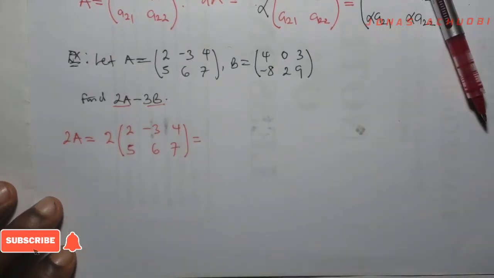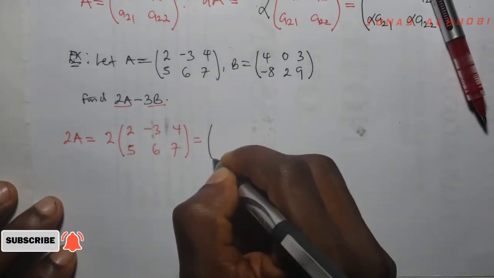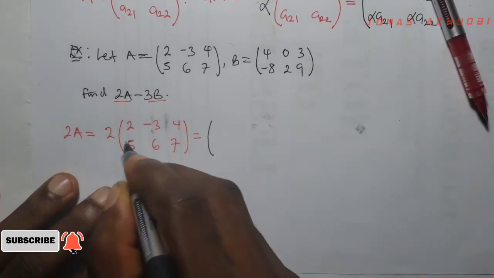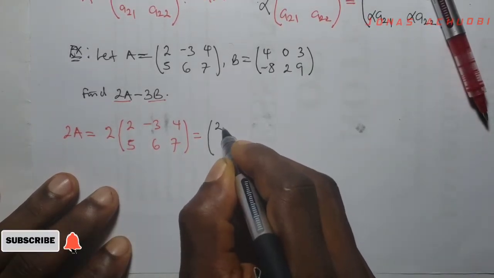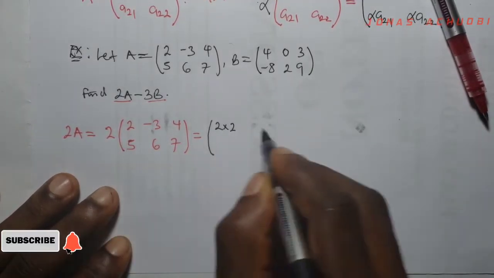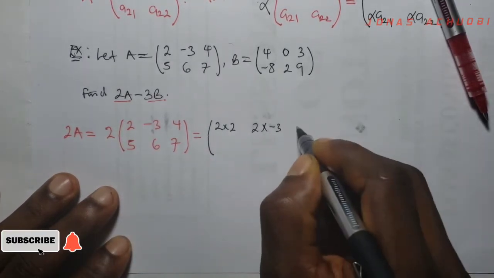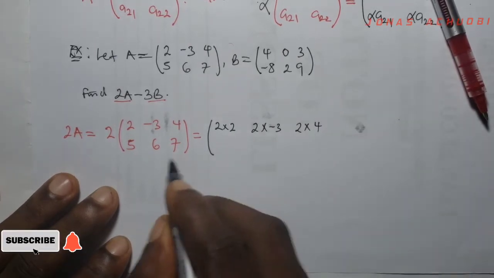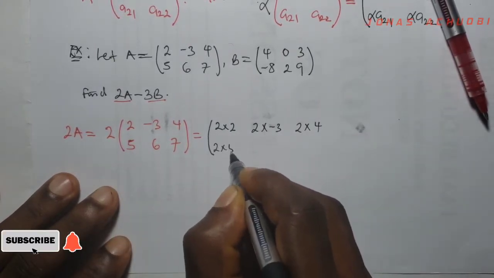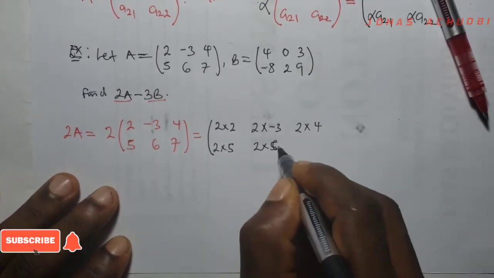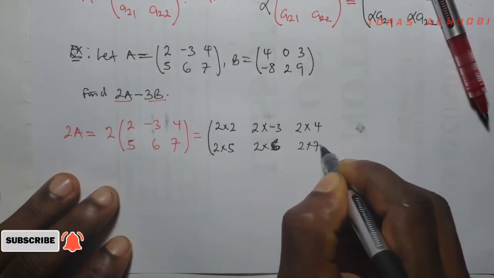So this will be 2 times 2, the second entry is 2 times negative 3, 2 times 4, 2 times 5, 2 times 6, then 2 times 7.